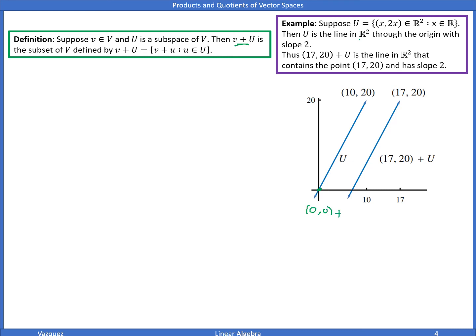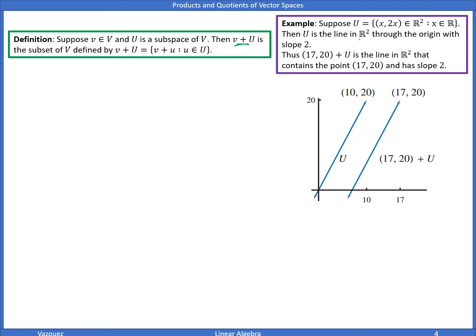If we add the (17, 20), the v, we get (17, 20). So this point actually shifted up here. And again, the point shifted up, but they remain parallel.